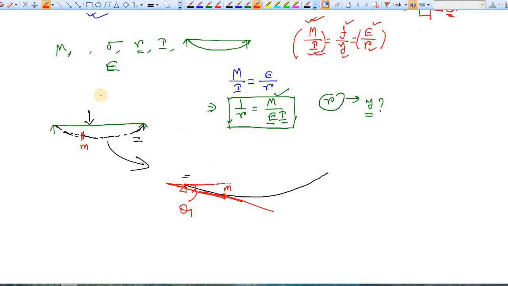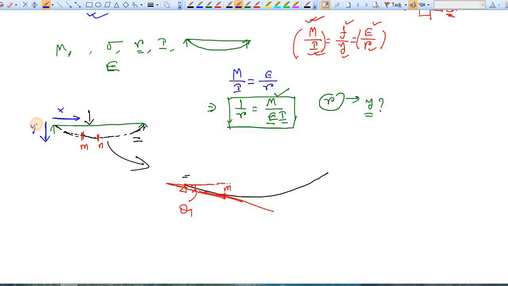Clear? Now again consider another section. Let's say this is section n, and this section is at a distance of x. In the horizontal direction we will measure x in this direction, and we will measure y as positive in this direction.